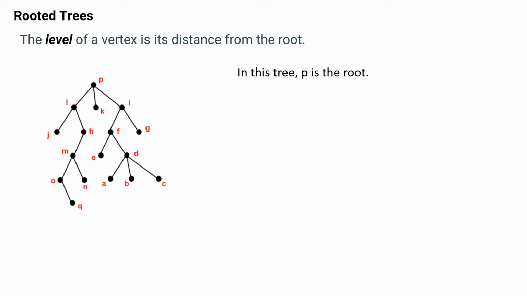The level of a vertex is its distance from the root. In this tree here, the root would be P, because that's the vertex where we could start and then get to any other vertex by following along the edges. So in this tree, P would be considered the root. Now the level of a vertex is the distance from the root.